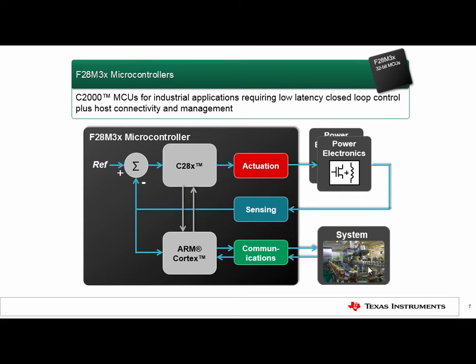Now, we also have the F28M3X microcontrollers, which are designed for industrial applications that require low latency, closed-loop control, plus host connectivity and system management. So if you look in this image, you will see that it includes the C28x processor along with the Cortex ARM processor. And basically, you have your actuation, your sensing peripherals, and also your communications peripherals.